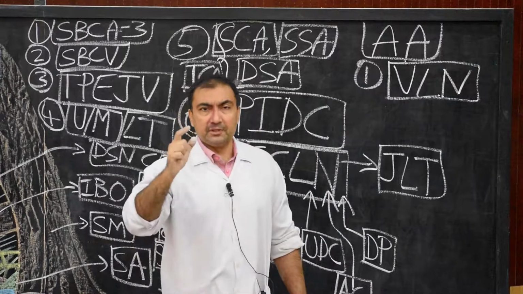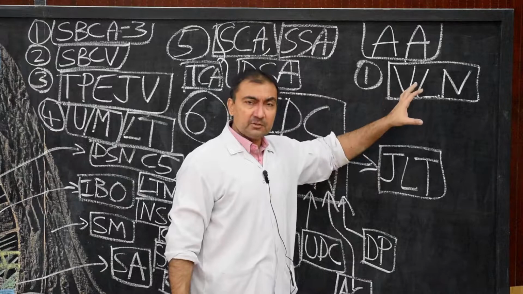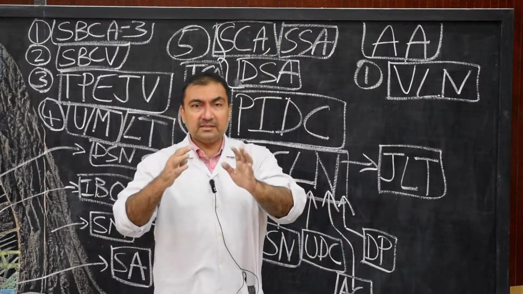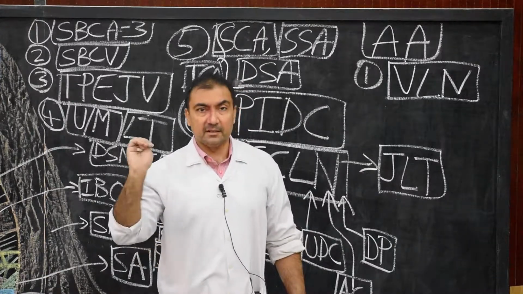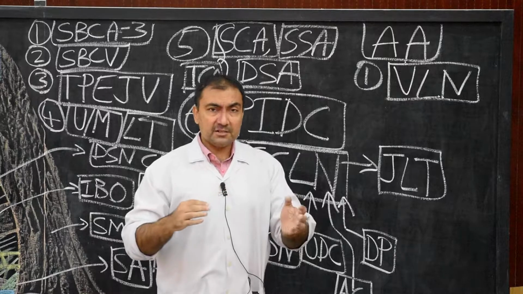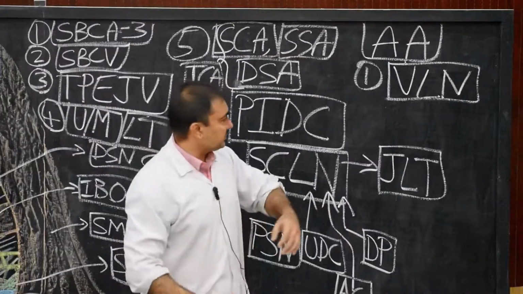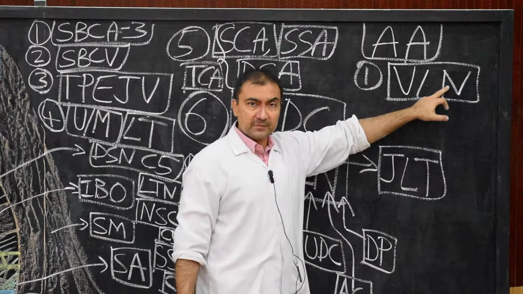If they are enlarged, it means there will be malignancy affecting the stomach, testes, etc. In malignant conditions of the stomach and testes, the lymphatic drainage will spread to the Virchow's lymph nodes.